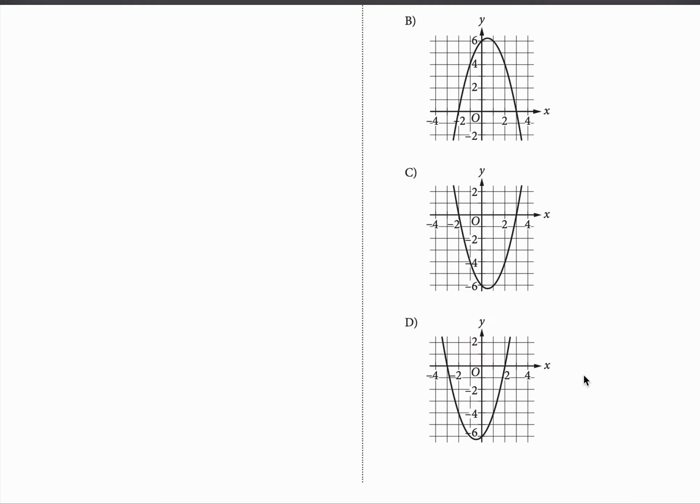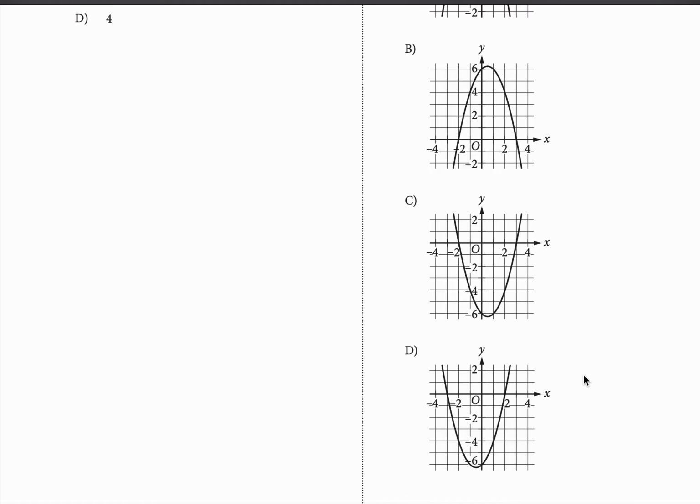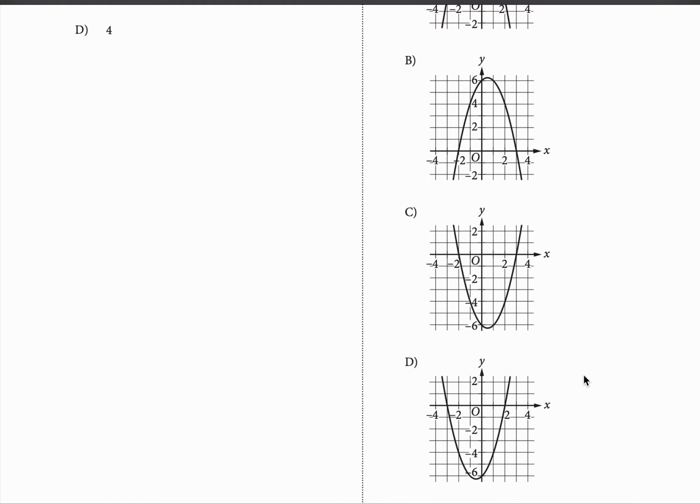But the thing with this experience is that it's just good to learn. So, okay, I didn't get it instantly. Now I'm going to learn it and then I'll probably remember it and get it next time.